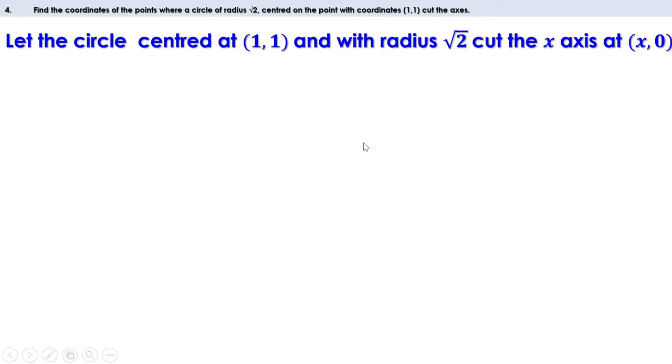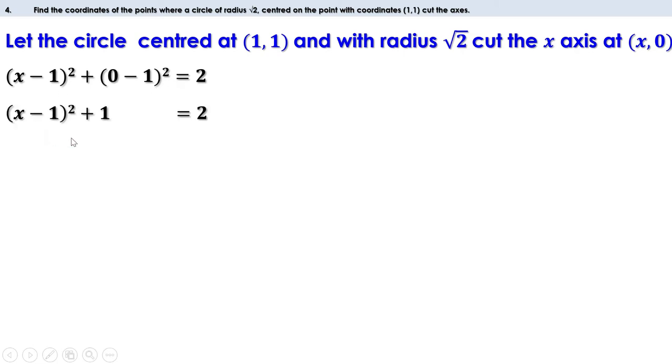So the square of the distance between x, 0 and 1, 1 is x minus 1 all square plus 0 minus 1 all square, and that is equal to root 2 square or 2. 0 minus 1 is minus 1 and minus 1 square is 1. So this can be written as x minus 1 all square plus 1 equal to 2.